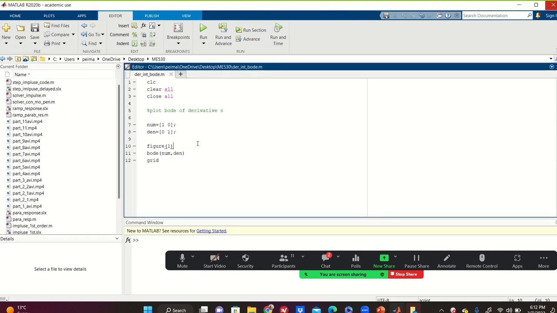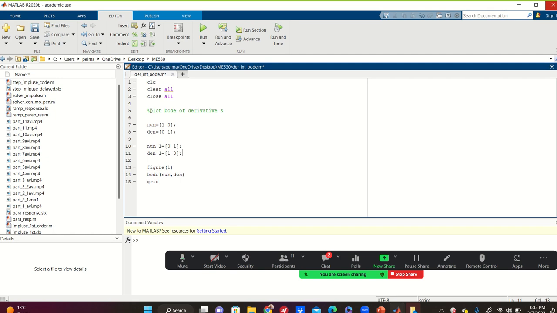To compare with that, I'm going to plot the integrator. It's going to be 0 and 1, then 1 and 0, the integrator.